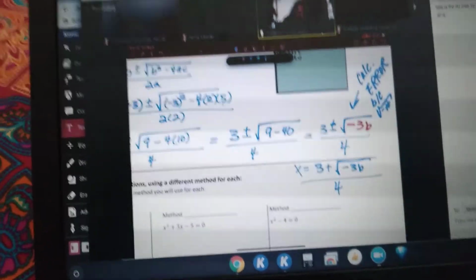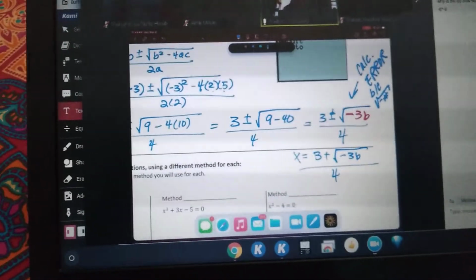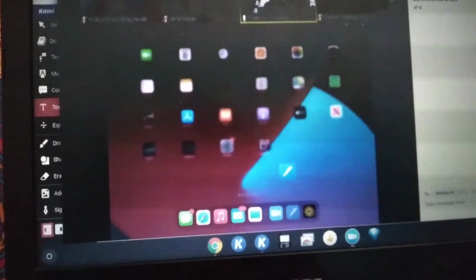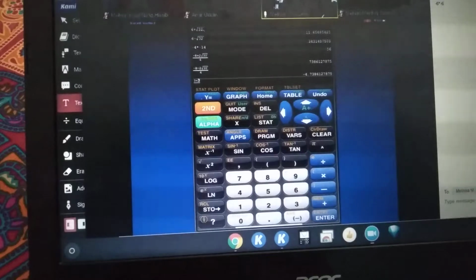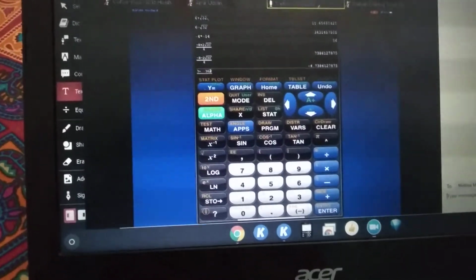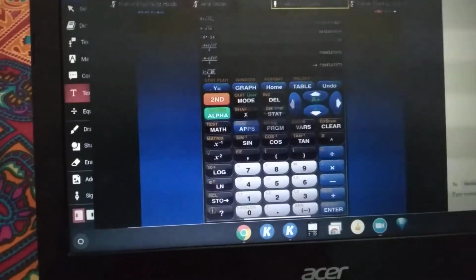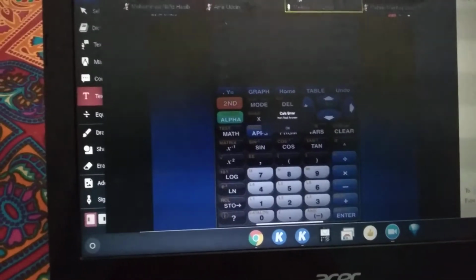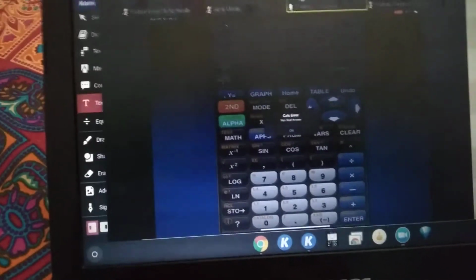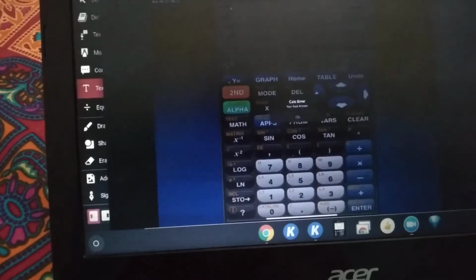I'm going to show you what happens. Go to the calculator, alpha Y equals, fraction, 3 plus second function square root, negative 36, divided by 4. I hit enter. Notice my calculator says error, non-real answer. Everybody understand?